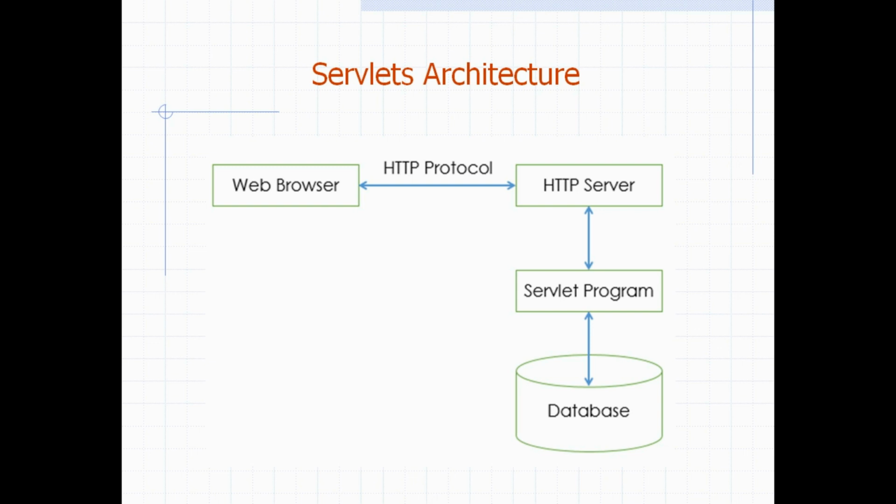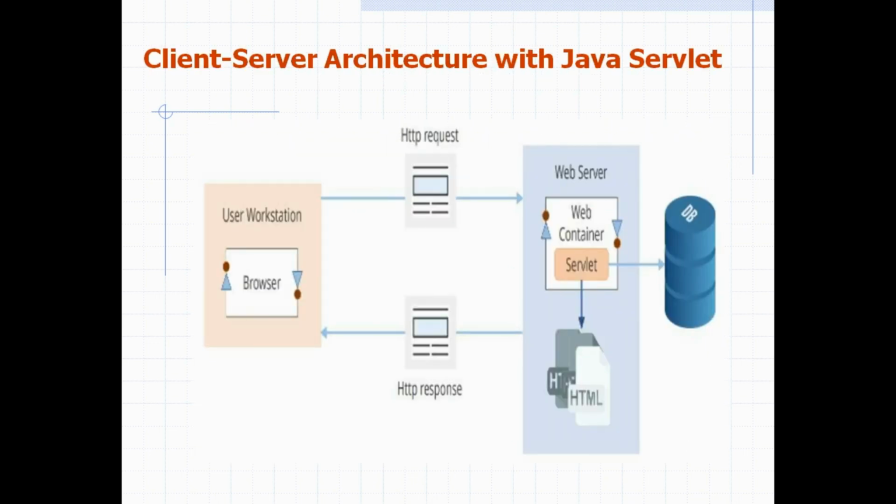Next, we'll see the different major tasks a servlet performs. Here is one more example: a browser sends a request, and it gets a response. The request goes into the web server itself. The web container holds the servlet program, and a web container is nothing but a space where the servlet program is stored.